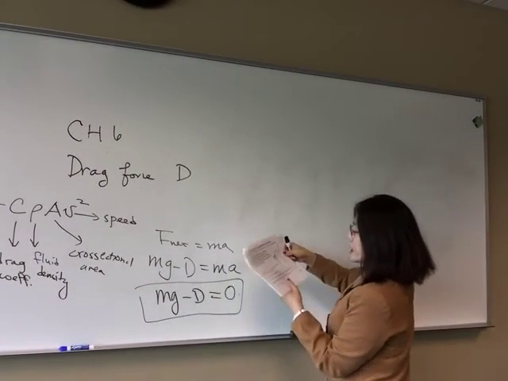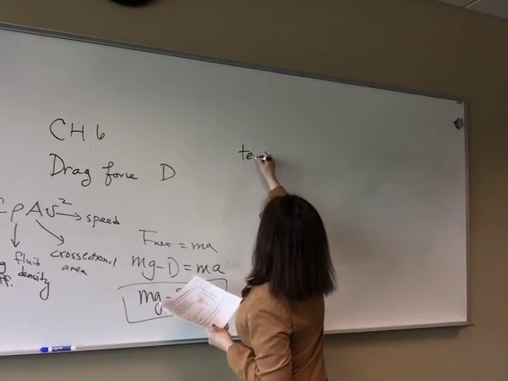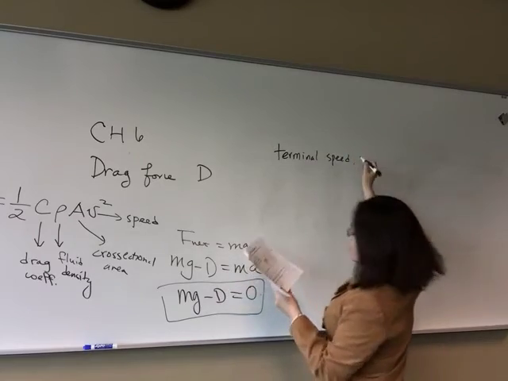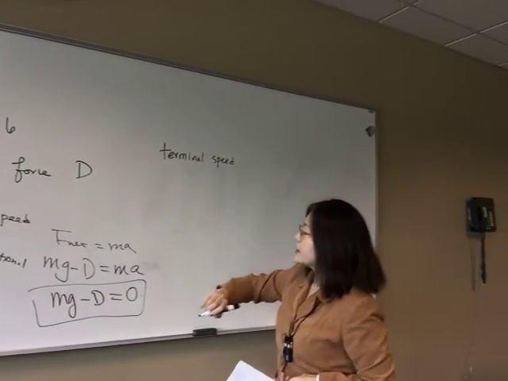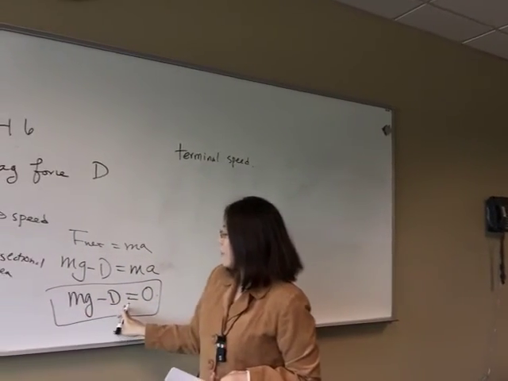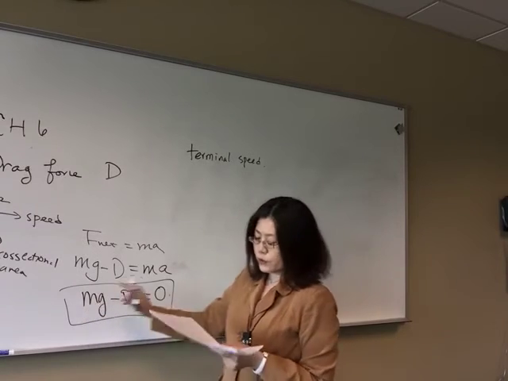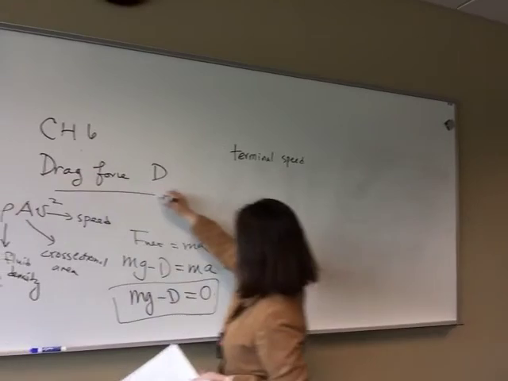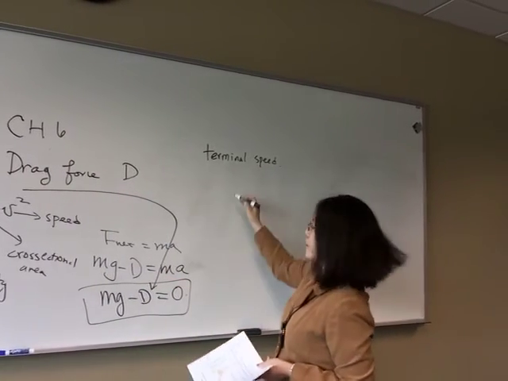So the terminal speed, or terminal velocity, is basically where the drag force is balanced by the gravitational force. So you can set it like this and plug in this equation here.